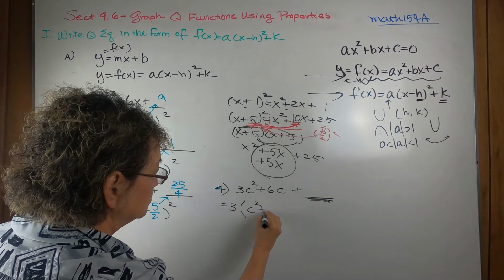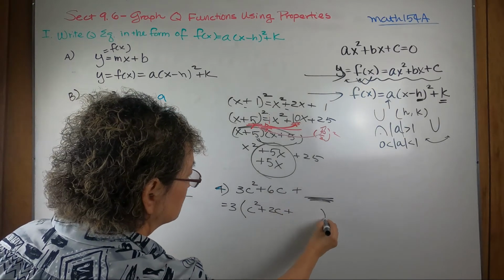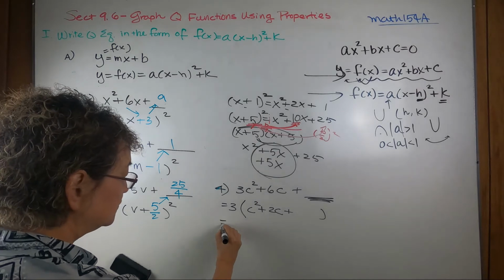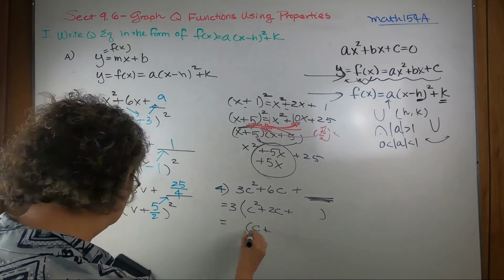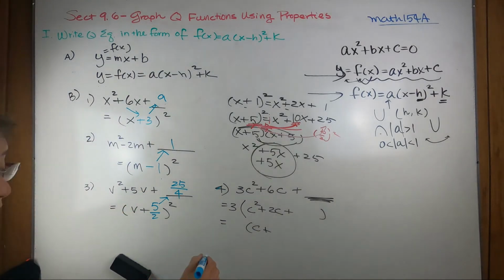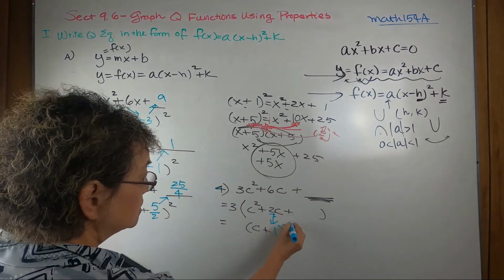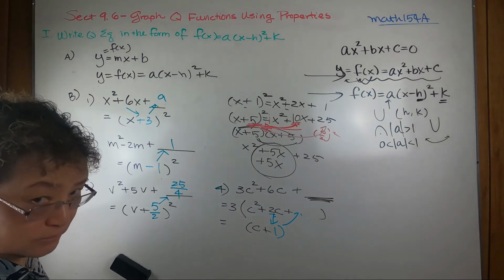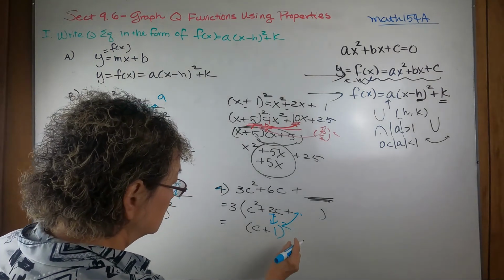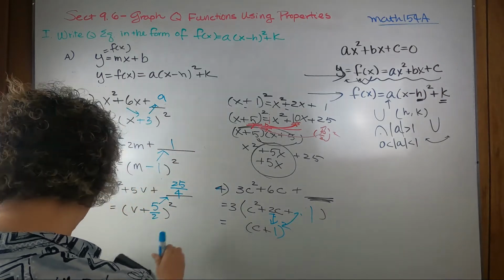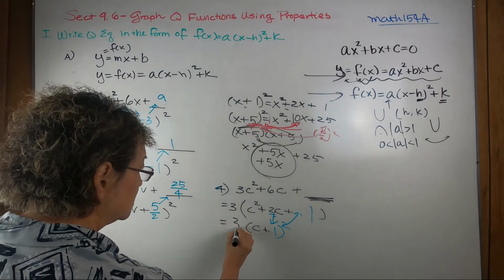So c squared plus 2c, right? Then to make a complete square, it would be c plus half of 2, that would be 1. Then you need a third term to complete it. So that's a square. Then we need a square 1 here. Then you carry down the 3.